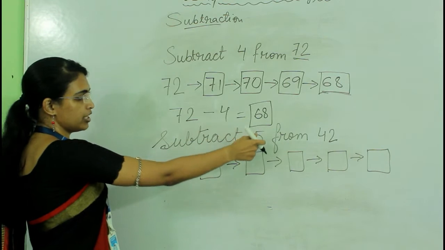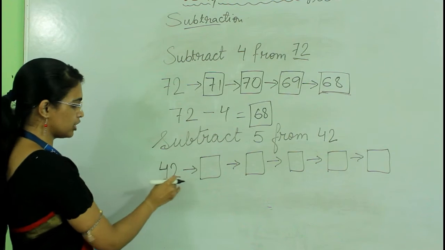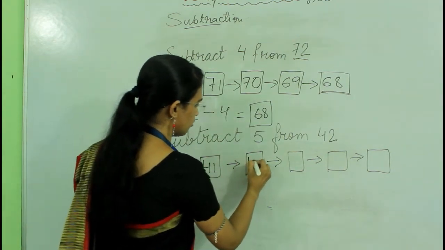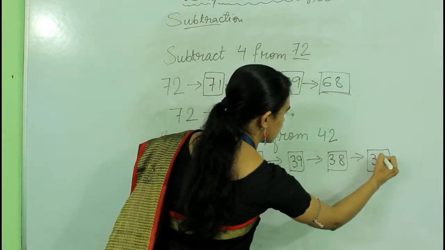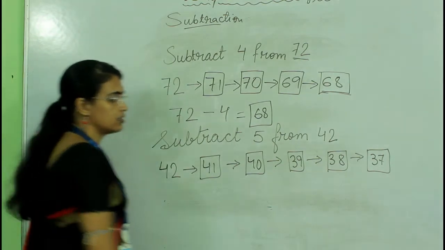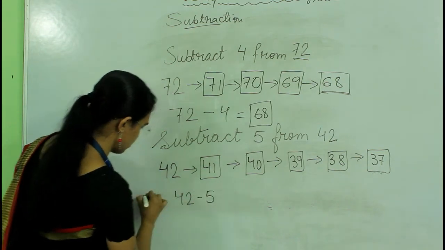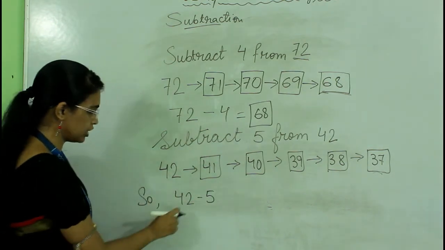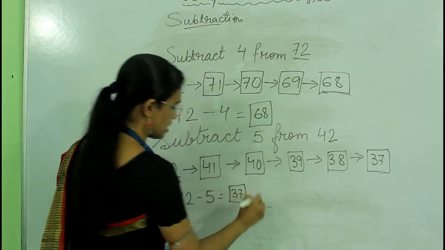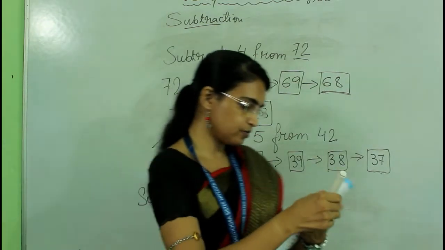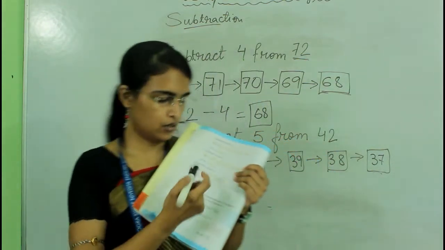Because we have to subtract 5 from 42. So here we have to use backward counting. So after 42: 41, then 40, then 39, then 38, then 37. So the answer is 37. So 42 minus 5 equals how much? 37. Okay? In this way, do the rest of the sums. This is your homework.